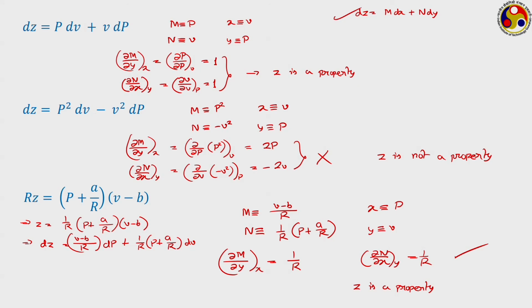This way we can identify any parameter. Once we know the relation of this Z with X and Y, then we can easily identify Z is a property or not. This particular formulation we are going to make use of in today's work.